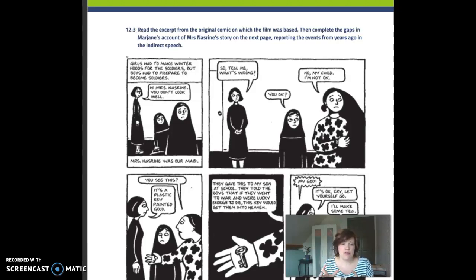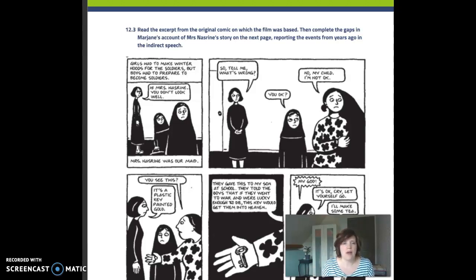But what is the difference between the two texts? 12.3 is what actually happens, that is direct speech, that is what people actually say to each other. And the text that you find on page 163 is an account of that.